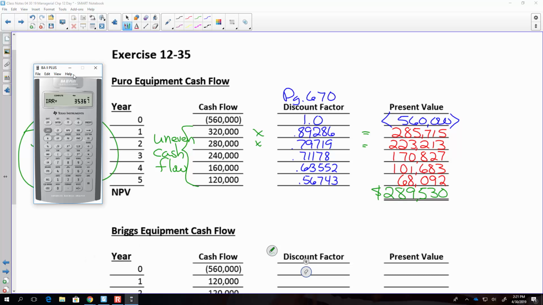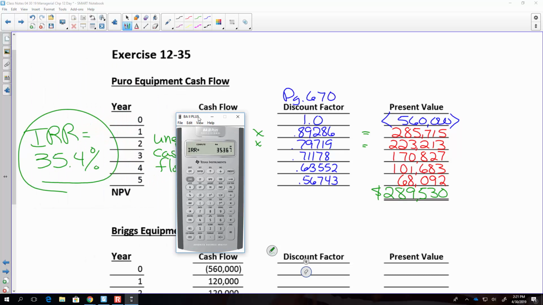I think that's what I got, yep. Which is clearly over the 12. Remember, this is the 12% column. So you would certainly accept the project. And that's what a positive net present value is. You would certainly accept this project.